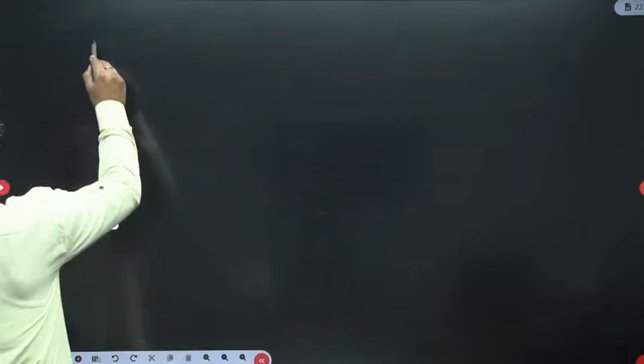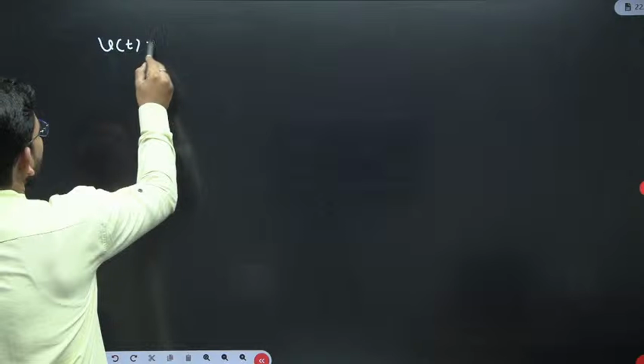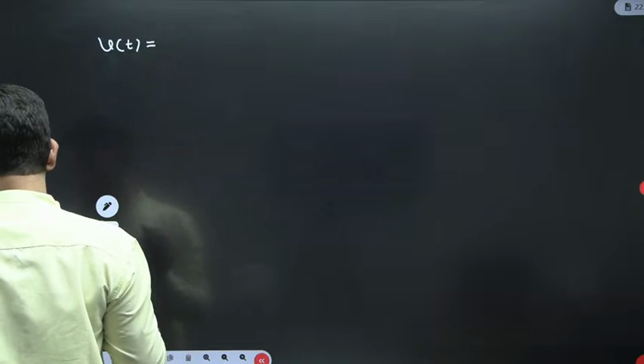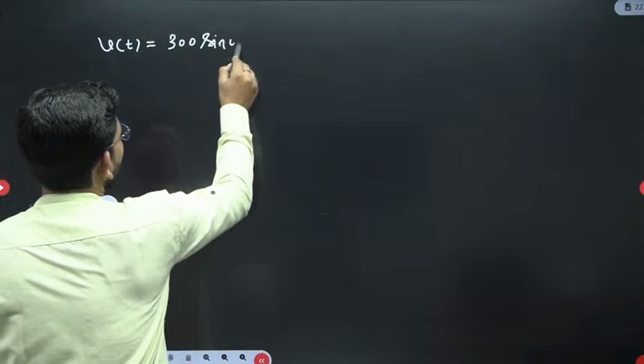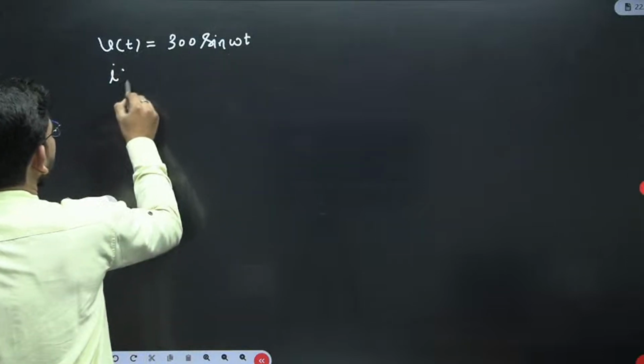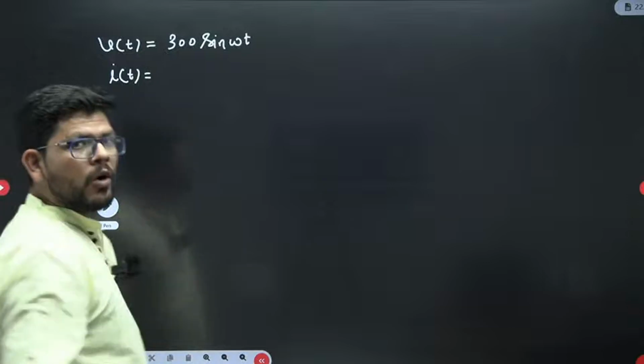The other question was, we have been given the input voltage Vt of an AC to DC converter, which was 300 sine omega t, and we were given the current, which was a non-sinusoidal current.